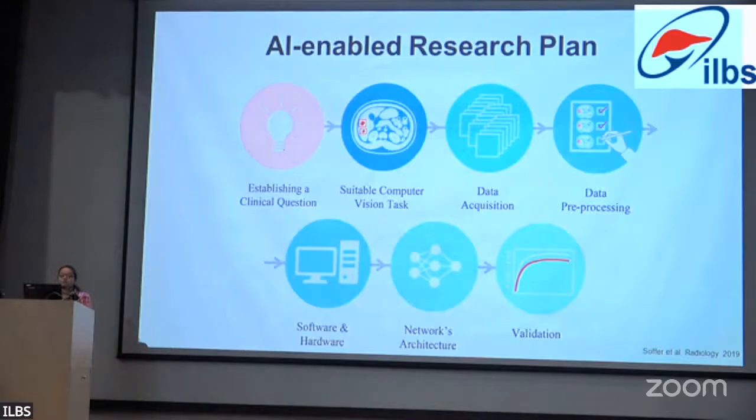Establishing a clinical question is the first step and the most important part of the research, because a relevant question needs to be formulated, whether we use AI or not, because there are already established methods to solve a clinical question. Not everything needs AI. Then comes the suitable computer vision task or some mechanism to label our data. Mostly this is called supervised learning in AI.